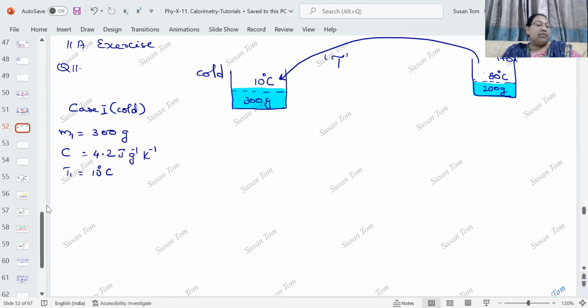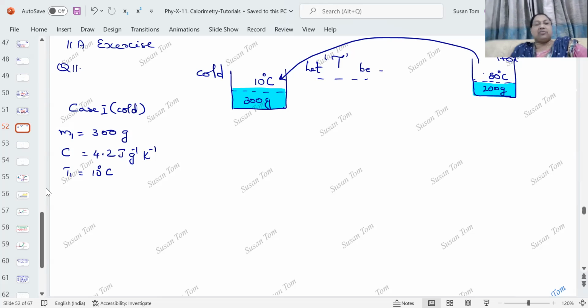And final temperature, okay, what is asked to calculate? You see, neglecting the heat taken by the container. Calculate the final temperature of the mixture of the water. Specific capacity of water is this much. So we have to assume that T be the final temperature. You will assume. From there only you are writing. Okay.